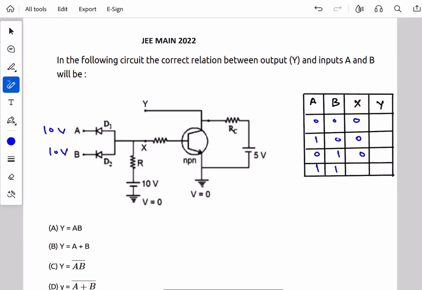Both the diodes D1 and D2 are reverse biased and they will behave like open circuit. So current will not flow through them and this time current will flow into the base terminal of the transistor and X would be in the on state.